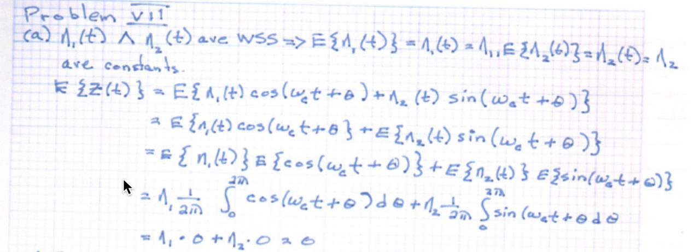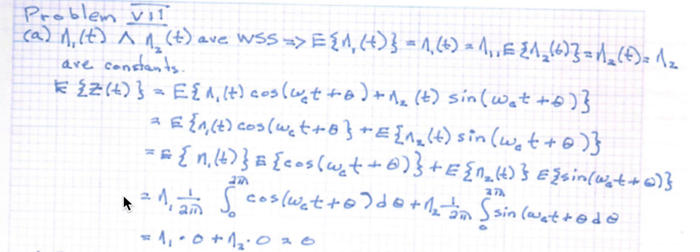In proceeding further, we extract eta 1 of t times the expected value of the cosine of omega sub c t plus theta, and correspondingly do the same thing for the second part.